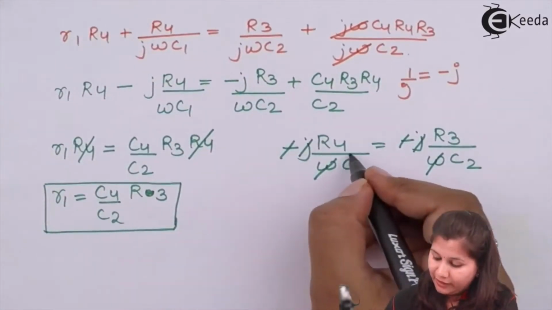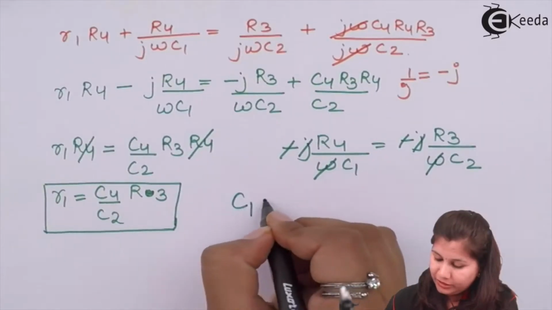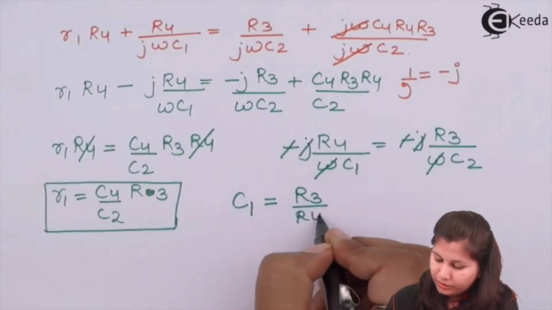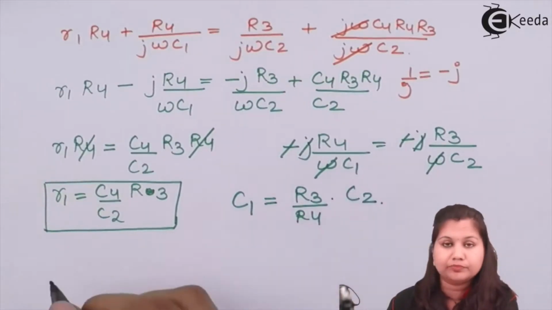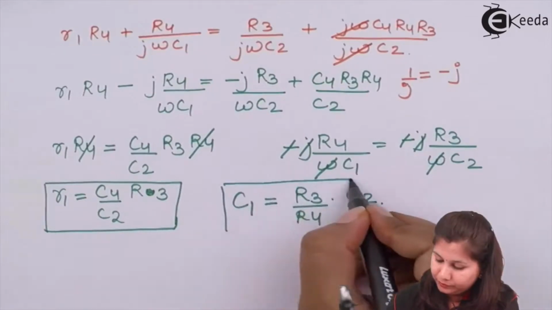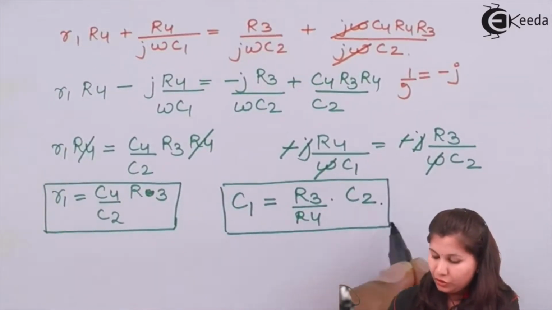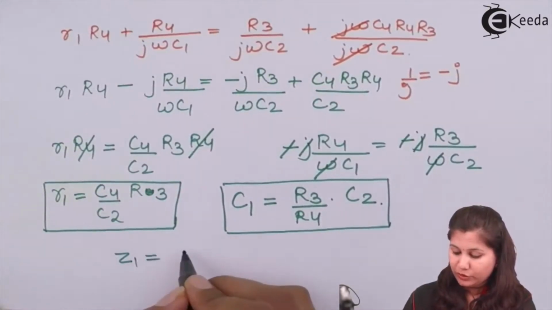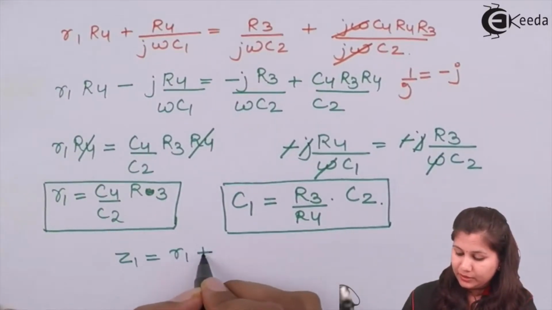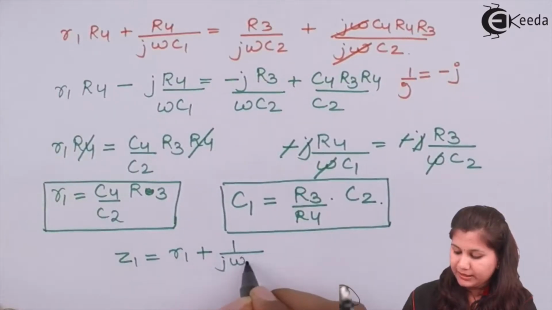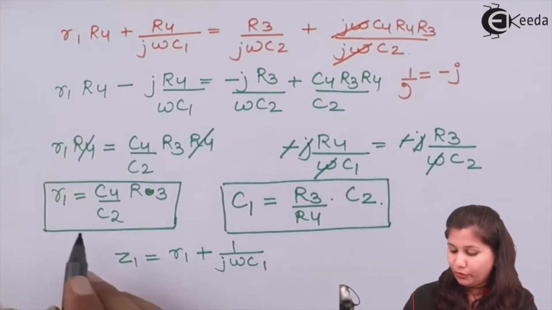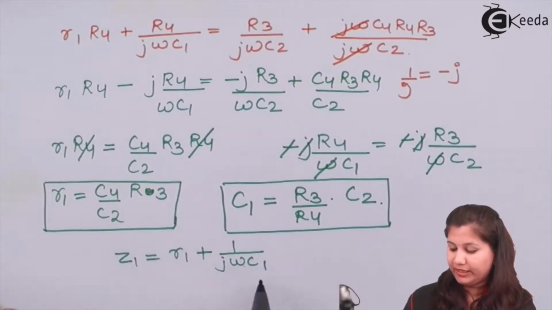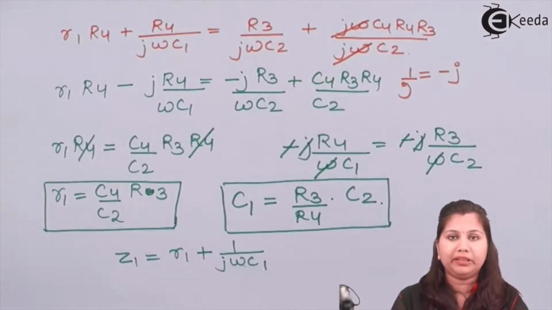So we will get the value of the capacitance C1 as R3 by R4 into C2. So our unknown impedance was Z1, which equals R1 plus 1 upon j omega C1. So we have got the value of R1 and C1, and we can put them in this to get the value of the unknown impedance.